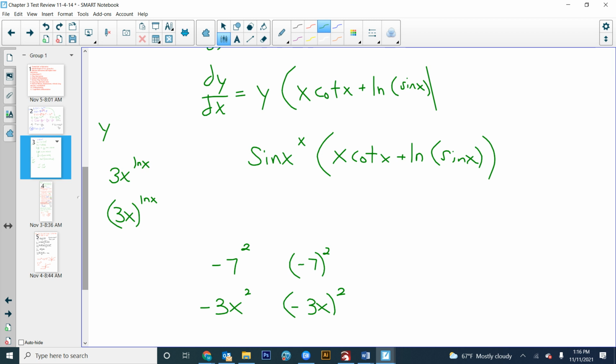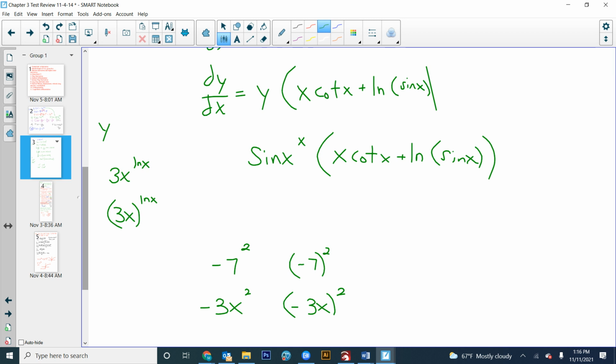This one, order of operations, you would plug in x into ln first, raise that to the numerical power, and then multiply by 3. This one, you'd plug x into the parentheses first. That one really doesn't matter. Doesn't matter. 3 times that, and then raise that to the exponent, right? It's different. You have to be careful.